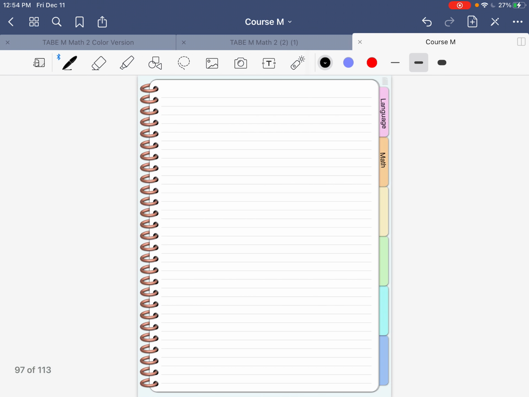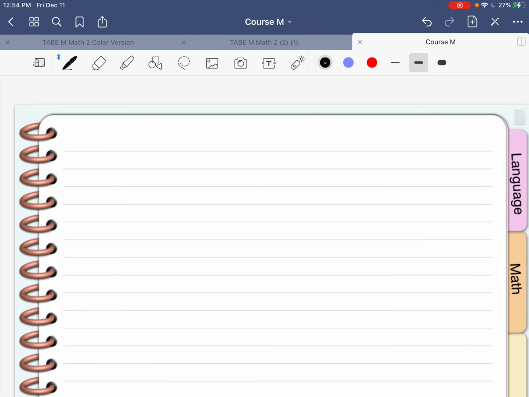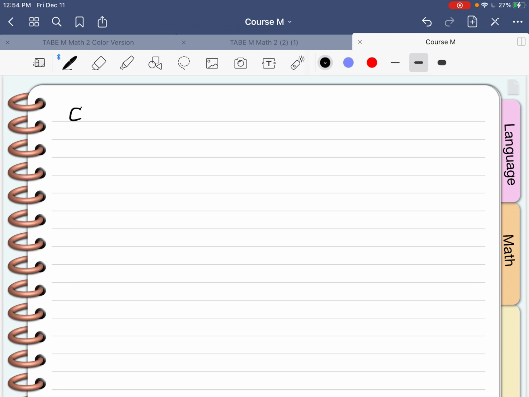Okay, let's look at another inverse process. Let's do a cube and a cube root. And a cube is something to the third power. So let's do 4 to the third power. Actually, let me make that a 4 because I don't want to get you confused. That's 4 times 4 times 4.